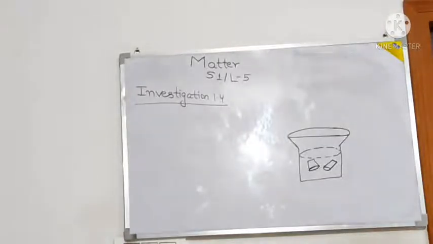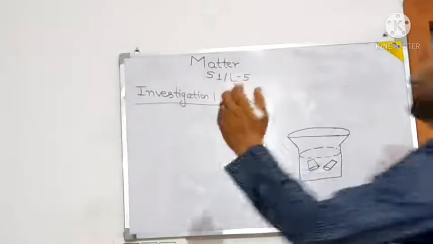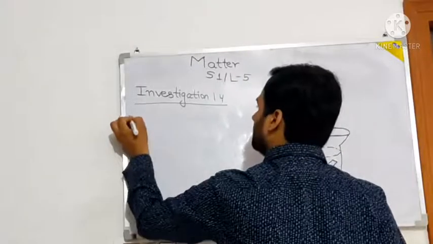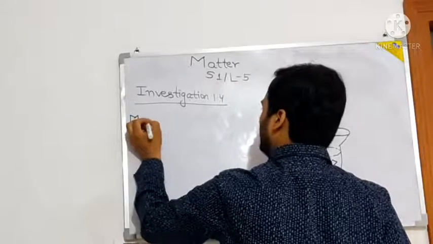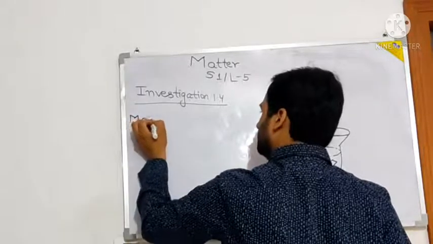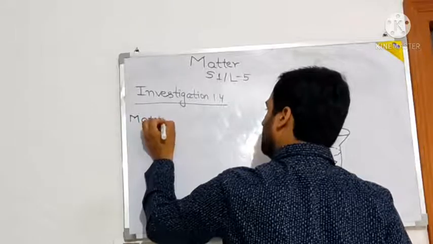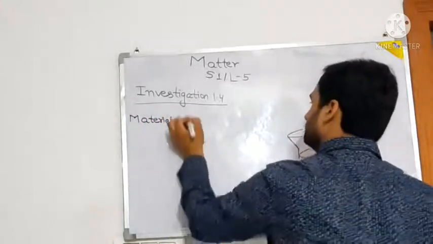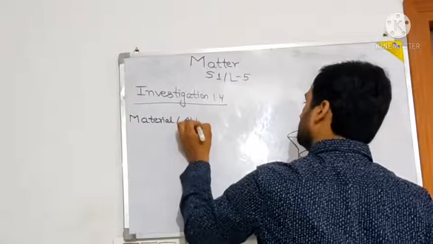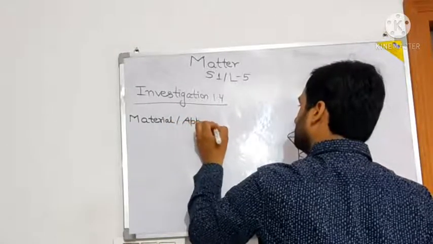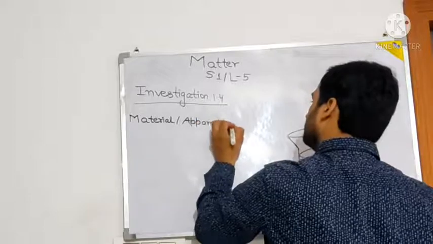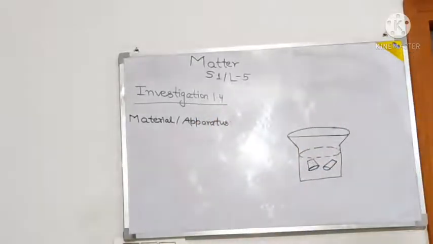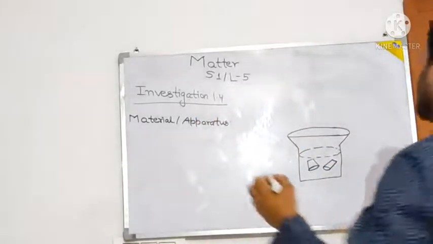So what are we taking here? Take 2 empty glasses. So what are the materials required here? Materials, or you can say apparatus. Bucket.